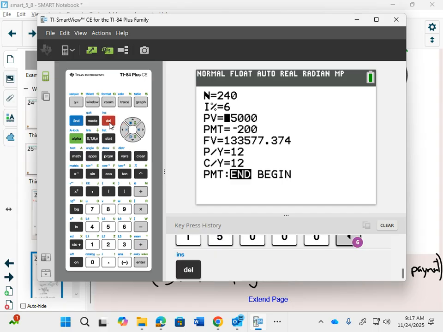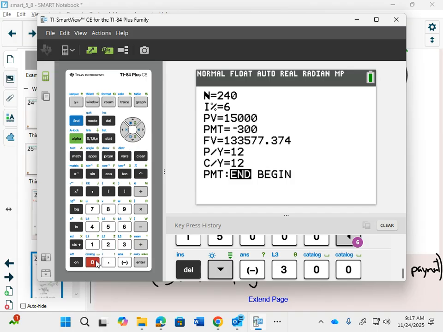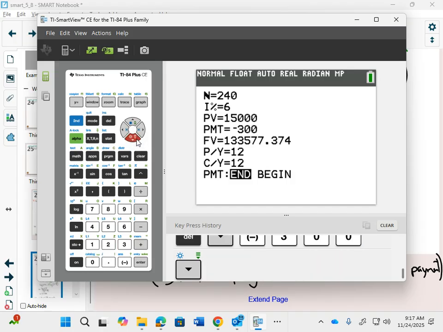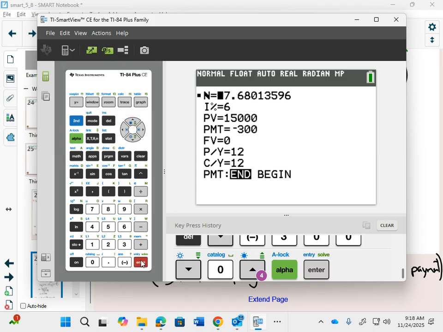Anytime you get something, it's positive. So you get $15,000 because you get the car right away. You are making payments of $300. That's negative. And in the future, you don't want it to be any more money. We wanted to know how many payments this would take, so you can go alpha solve here. We get the same 57.680 that we got on our calculator. Okay?